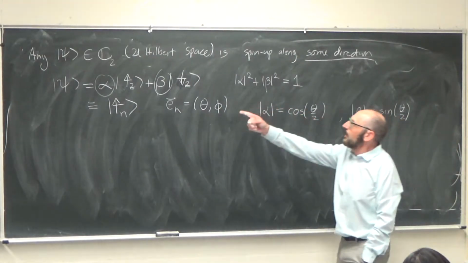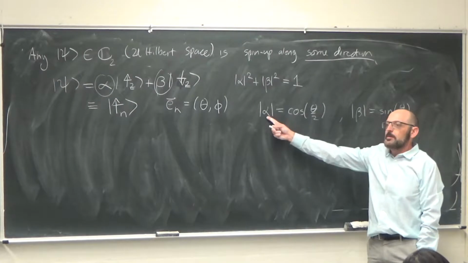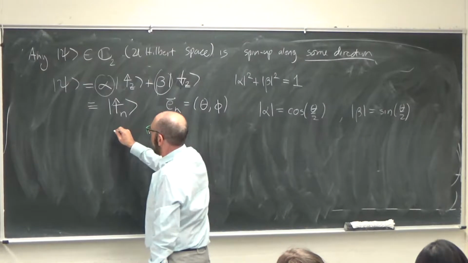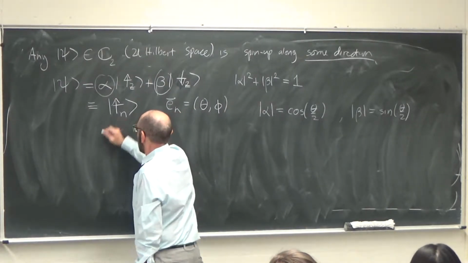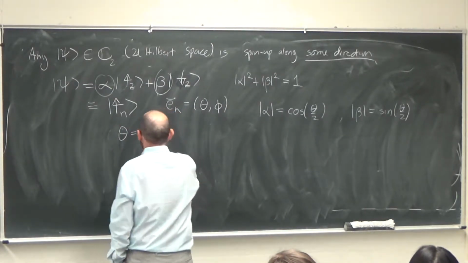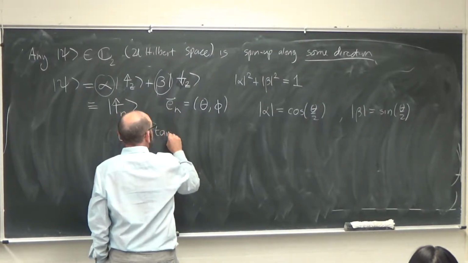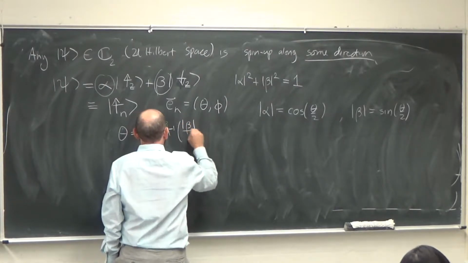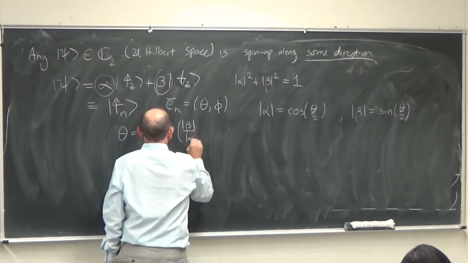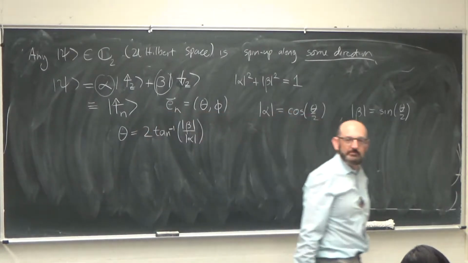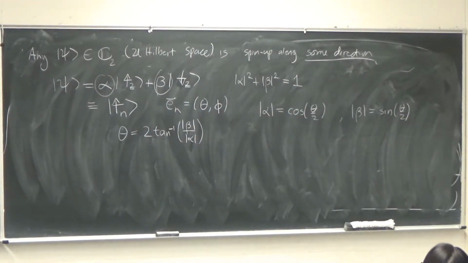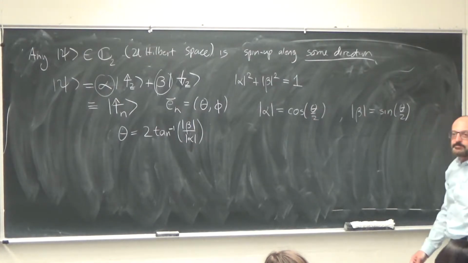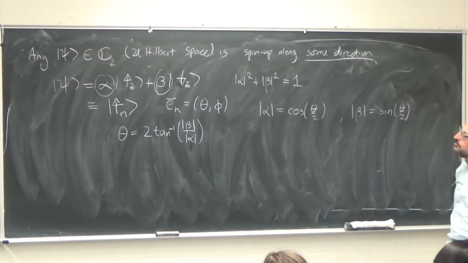So given this, for whatever the magnitude of that probability amplitude, the theta here is equal to twice the arctan of absolute beta over absolute alpha. One way I can write it. Right? Because the tangent of the ratio is that. Okay. What about the angle phi?